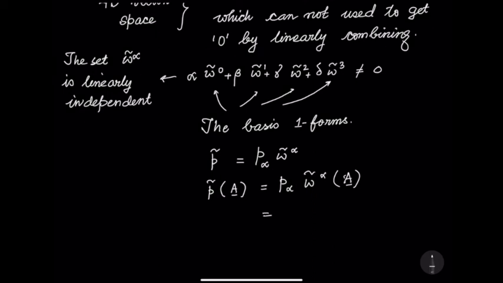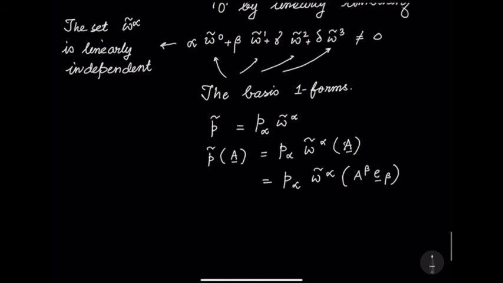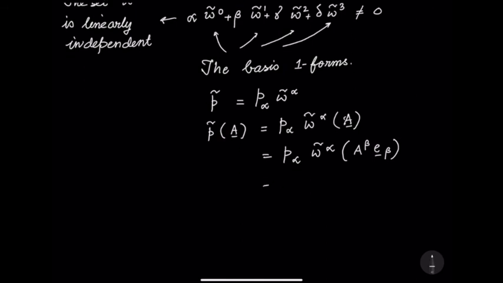And if you go one step further, A I can write now in terms of its components and basis. A is a vector, and as you can see, A beta will come out. I get this basis one form with the unit vector E beta.